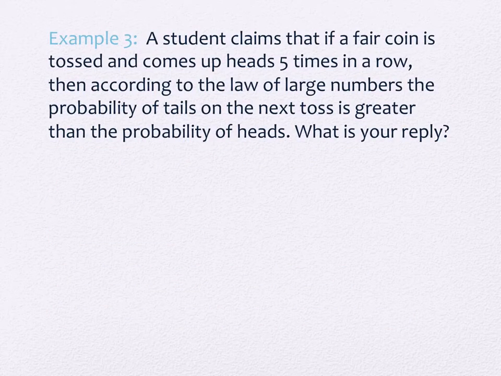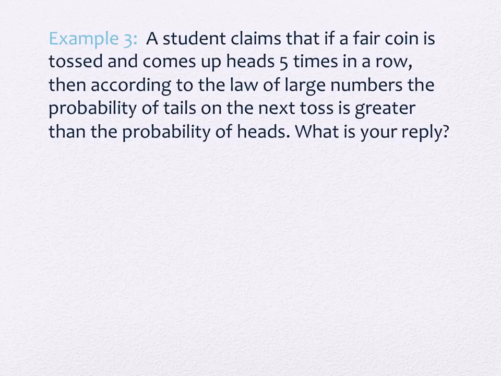Okay. A student claims that if a fair coin is tossed and comes up heads 5 times in a row, then, according to the law of large numbers, the probability of tails on the next toss is greater than the probability of heads. What is your reply? It's not very many times.